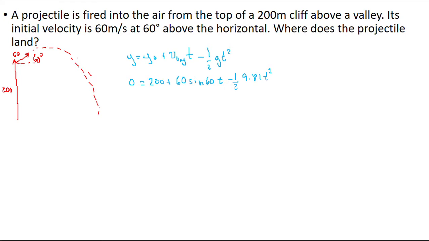If we use the general formula, or our calculators, we get that the first time is going to be 13.59 seconds, and the other one is going to be minus 2.99.